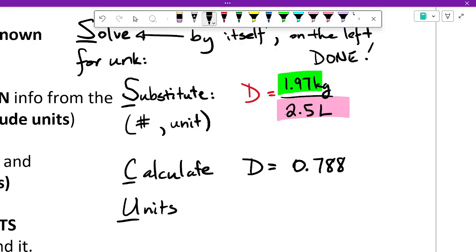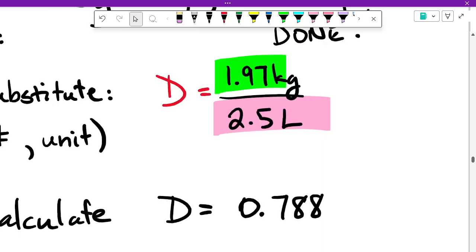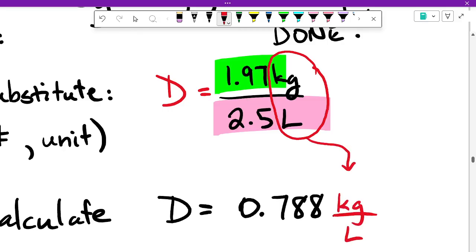No. What are our units? For units, you just look here and you say, what is my unit? Kilograms per liter. That's our unit. So you don't have to do anything fancy. Just write down what was there before.